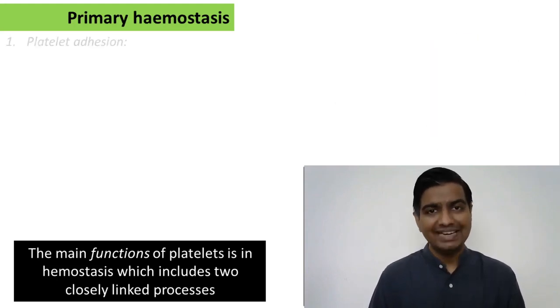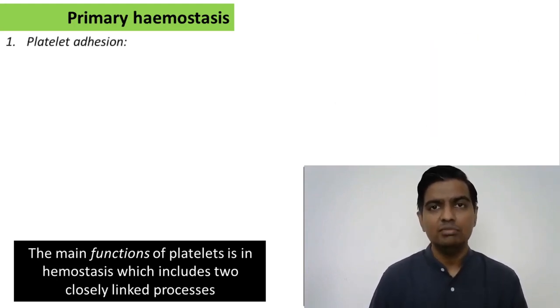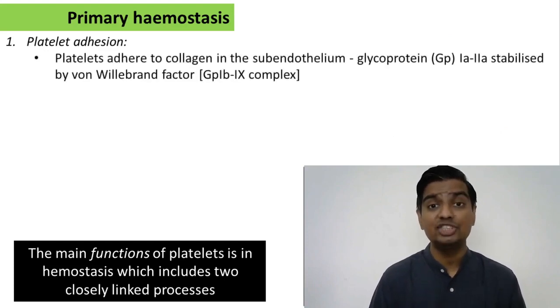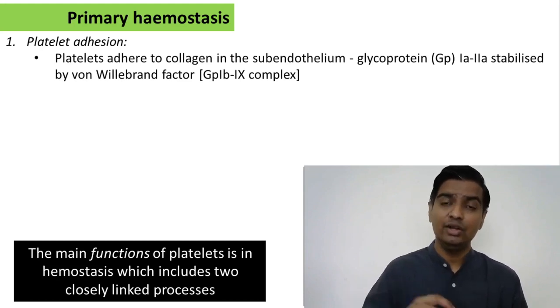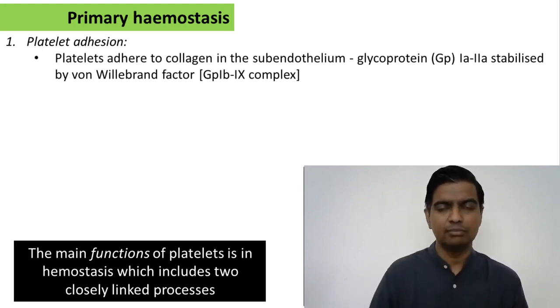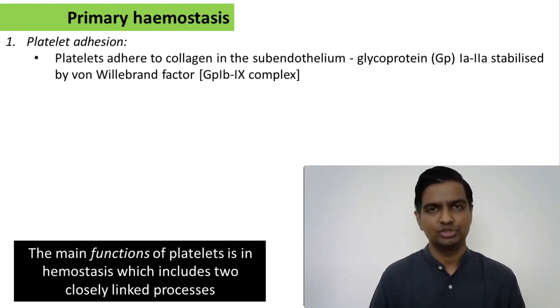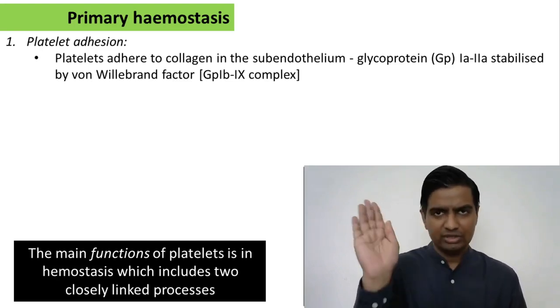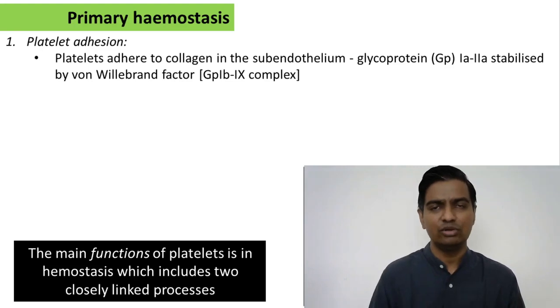Whenever a platelet comes in contact with a damaged endothelium, see, when the endothelium is damaged, below the endothelium, the subendothelial collagen is exposed. Simple. Endothelium is gone, you can see what is below the endothelium, which is subendothelial collagen.